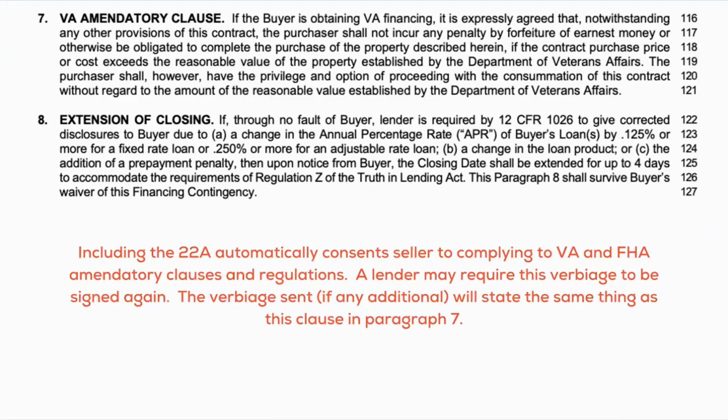So including the 22A automatically consents the seller to complying with the VA and FHA mandatory clauses and regulations. And like I said, the lender may also require this verbiage to be signed separately.